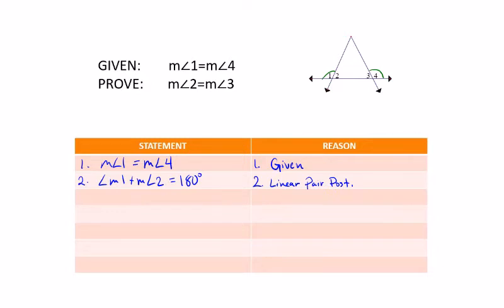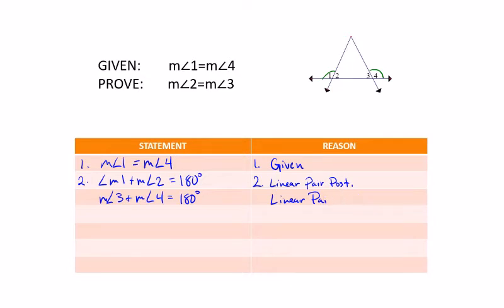And in the same way, we could say the measure of angle 3 plus the measure of angle 4 equals 180, by the linear pair postulate.